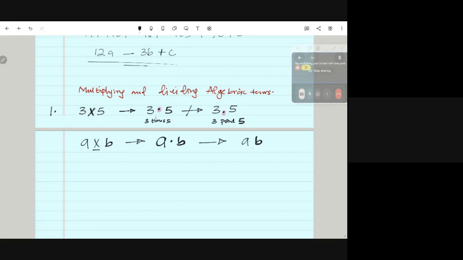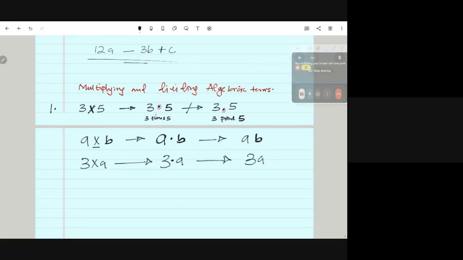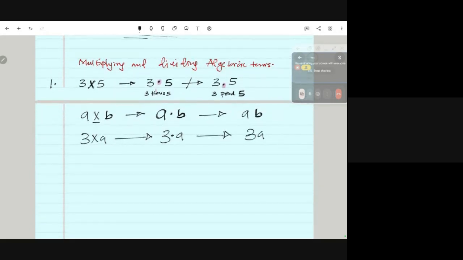And this will still mean A times B, or 3A, 3 times A, which is supposed to be 3 dot A, which can also be 3A. So in mathematics, when we join letters and numbers, or letters and letters together, the only thing that can join them together is multiplication. That can make them stand next to each other without any glaring or obvious sign.